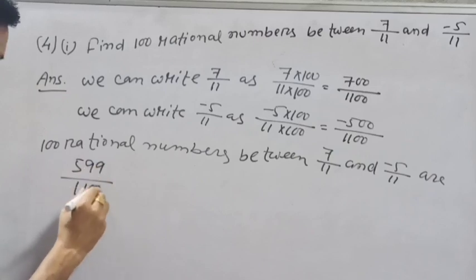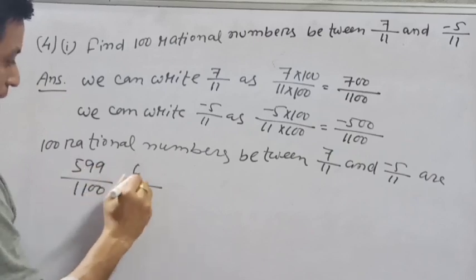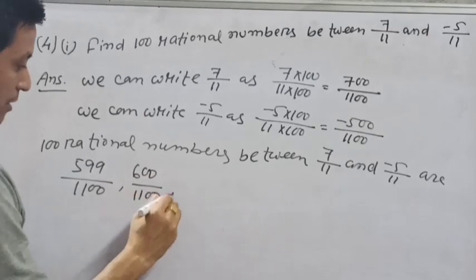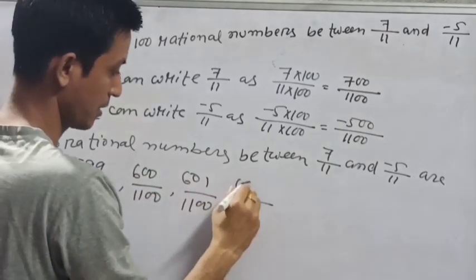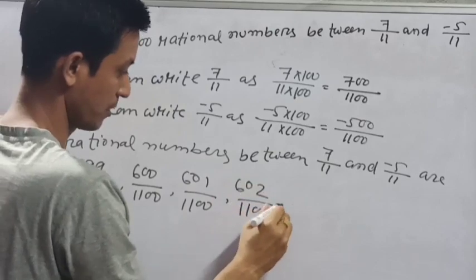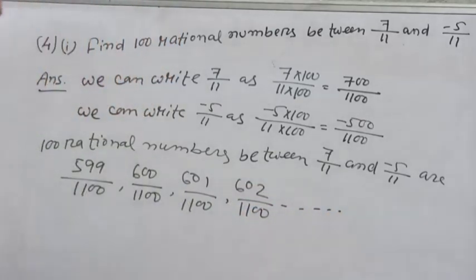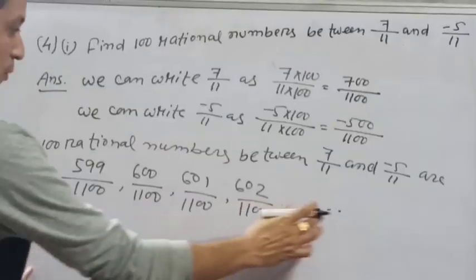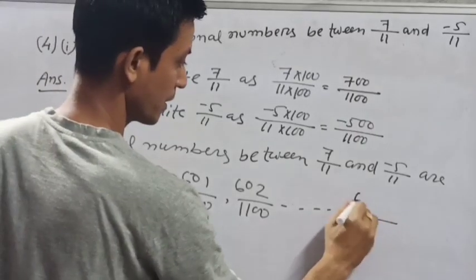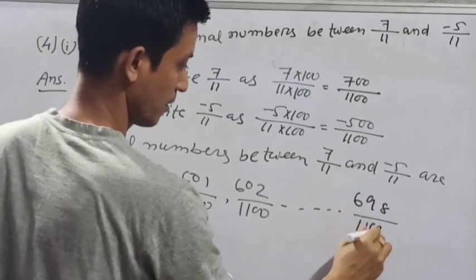599 by 1100, 600 by 1100, 601 by 1100, 602 by 1100, dot dot dot. All numbers are not possible to show here, so you know, up to 698.